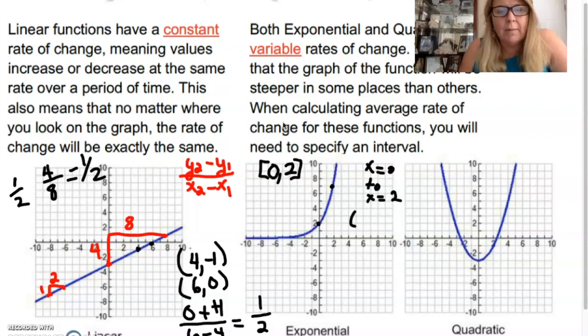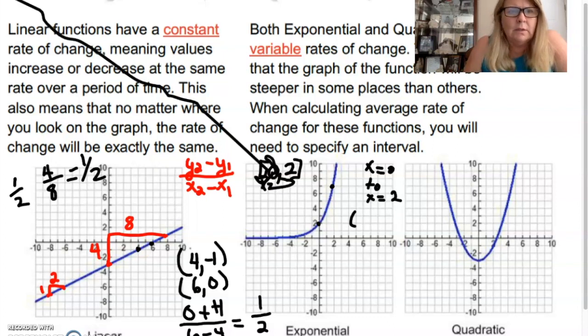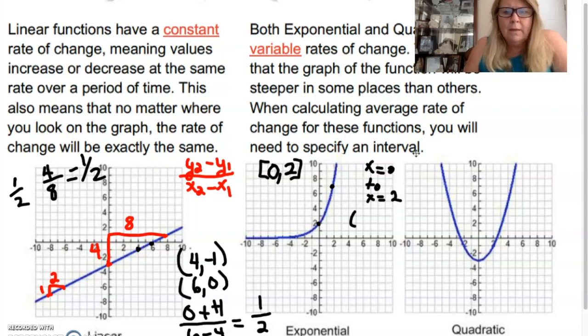So when I go to talk about the points, let me go back here. That would be the point 0, 2 to the point 2, 7.